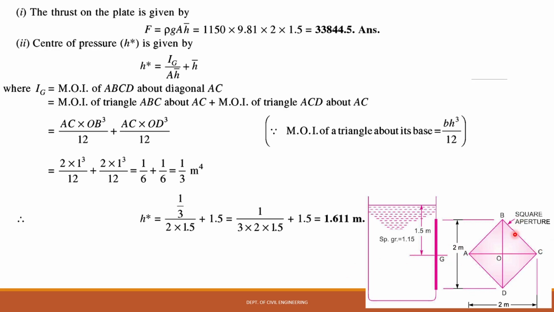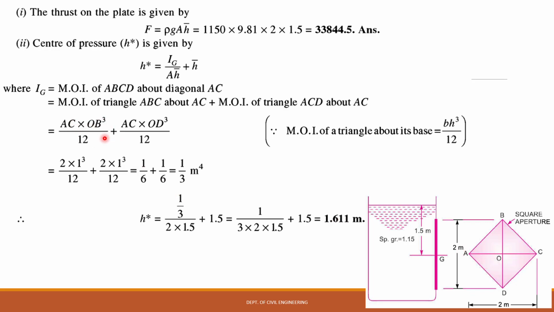Okay, so if the axis is passing through the base of a triangle, then the equation for moment of inertia is BH cube by 12. We have studied this in S1. So BH cube by 12. We have two triangles, so for this also you have to apply BH cube by 12. For this also you have to apply BH cube by 12.